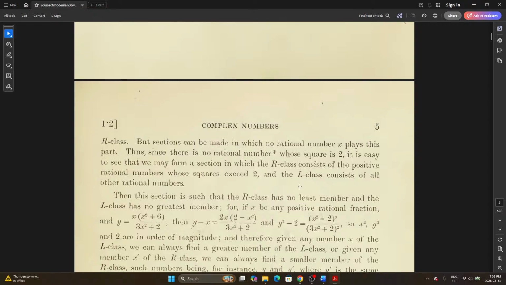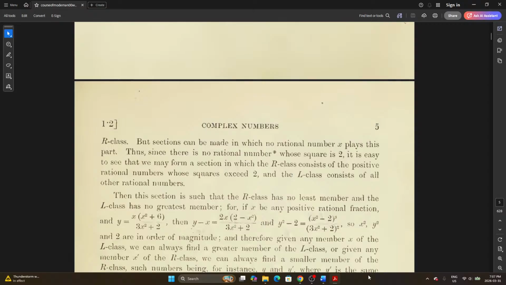But we know that the L class is just the complement of the R class, and vice versa. So it will be easier to just define one class, and you don't lose any information. The other half is simply the complement of the class we picked.